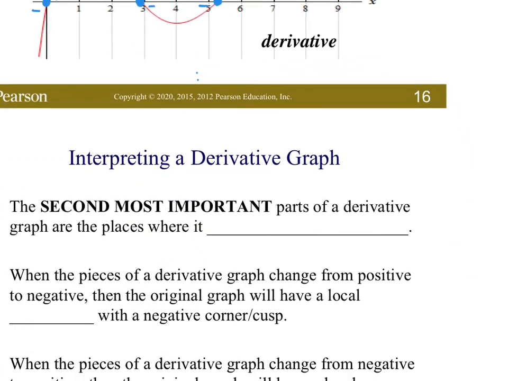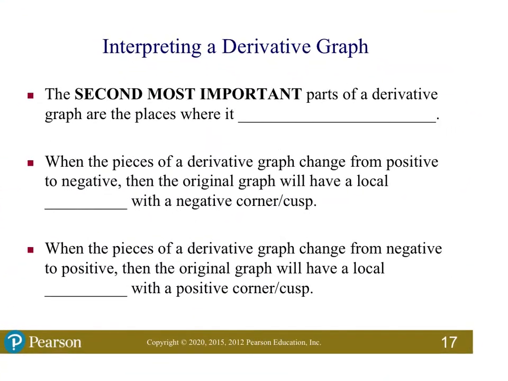All right, what's the second most important part of a derivative? The first most important parts of a derivative graph are the places it crosses the x-axis. The second most important parts of a derivative graph are the places where it is maybe broken or discontinuous.